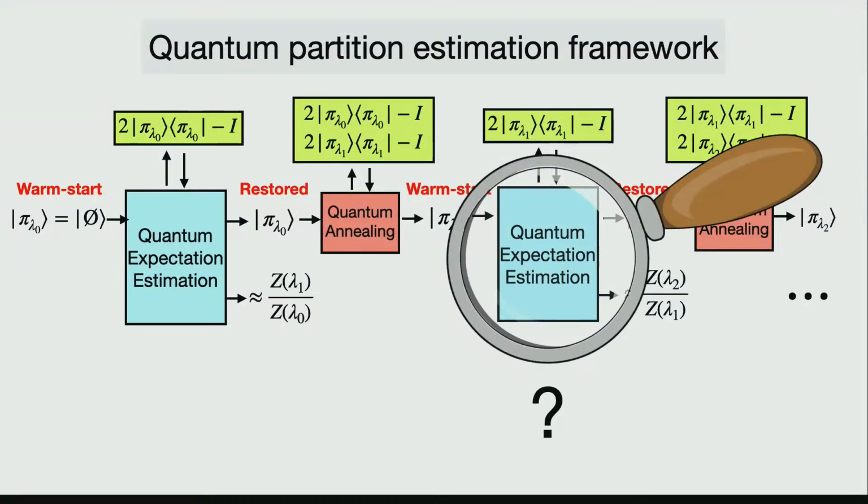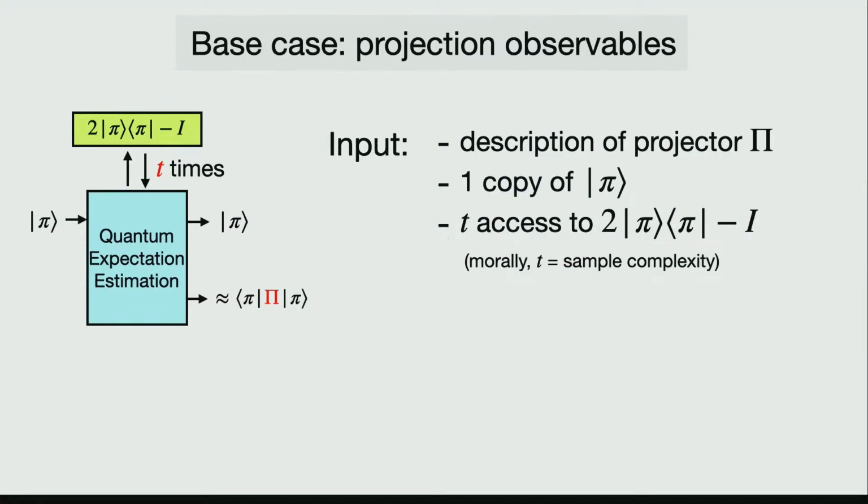Okay, so this leaves the question of how to come up with the quantum expectation estimation task. This is the only remaining piece in the framework, and those are the requirements that we would like to achieve.